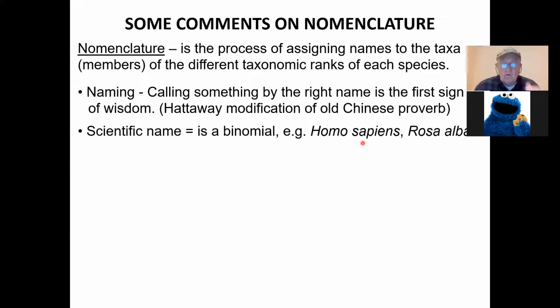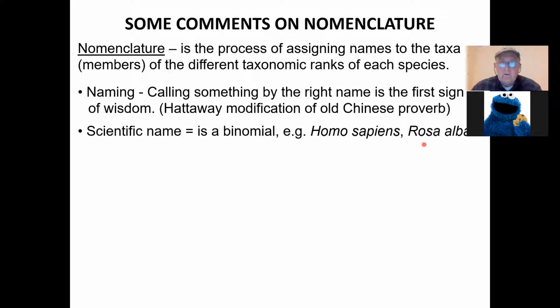The technical term is the specific epithet. If you said this is a species name, you were misleading. The species name really is both of these together. So a binomial or scientific name consists of the genus name, or generic name, and the specific epithet.